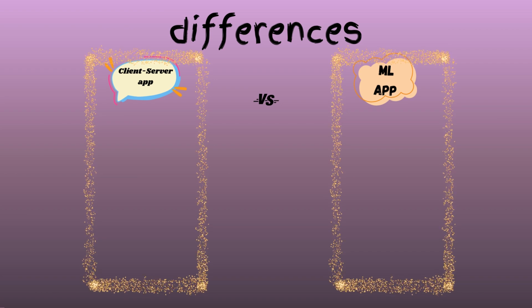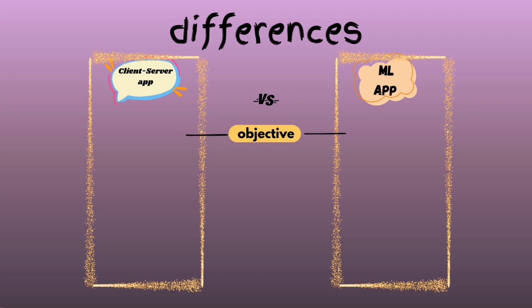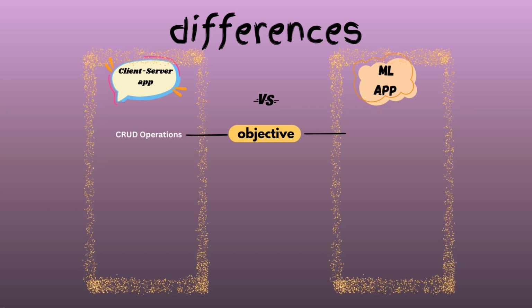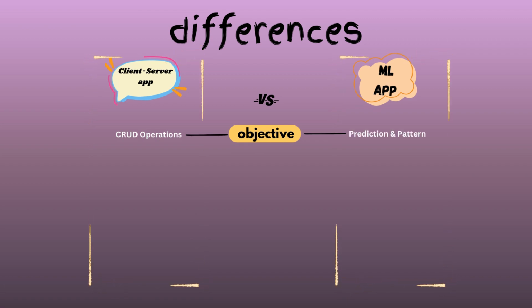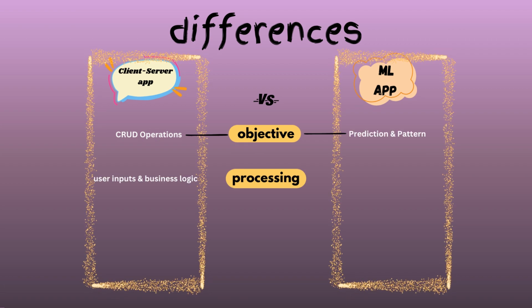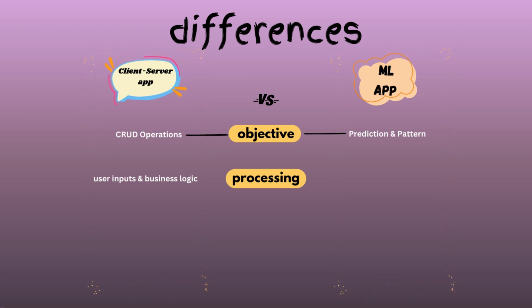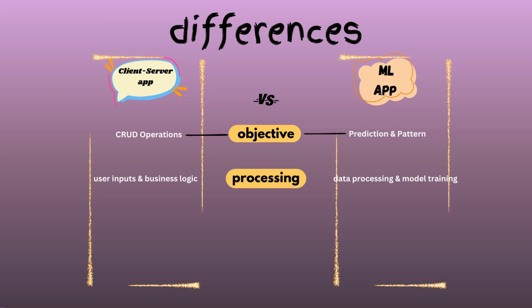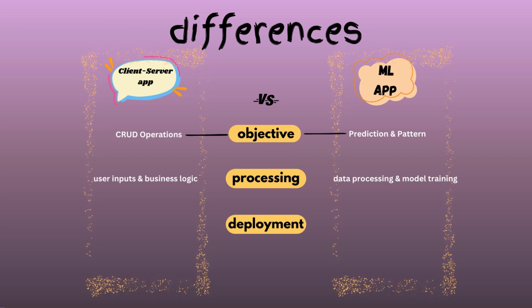Now let's look at the differences between these two project structures. Let's take the objective. Traditional projects focus on CRUD operations and business logic, while ML projects focus on prediction and pattern recognition. Number 2, processing. Traditional projects process user inputs and apply business logic, whereas ML projects involve complex data processing and model training.